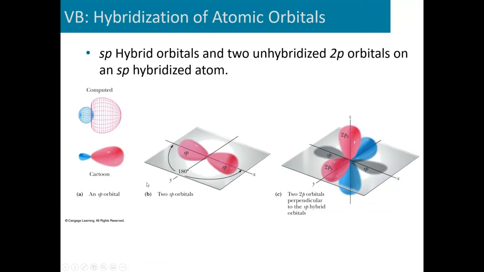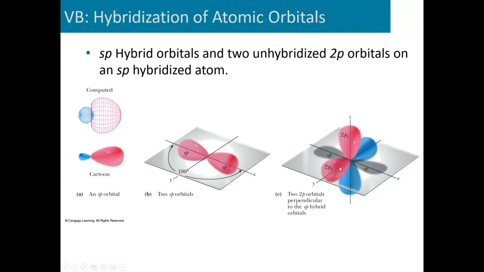So in the sp hybridized molecule, you have those two sp orbitals that are in line here. They go along the axis, usually shown as the x-axis. It doesn't matter as long as it's along the same axis.